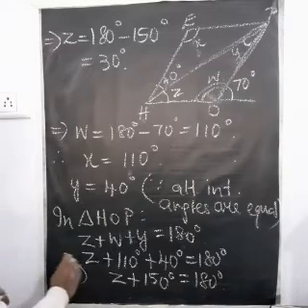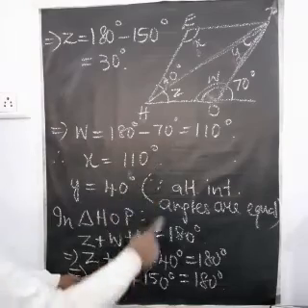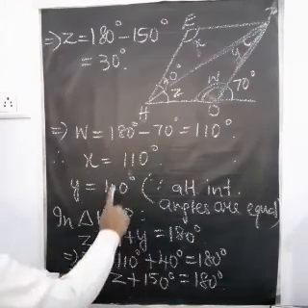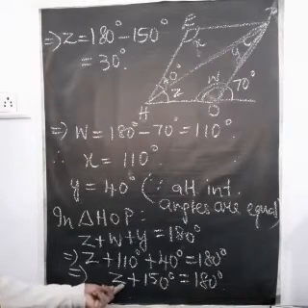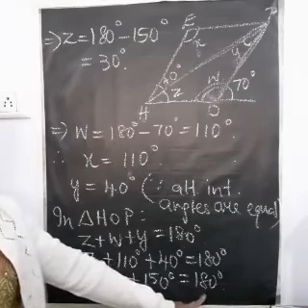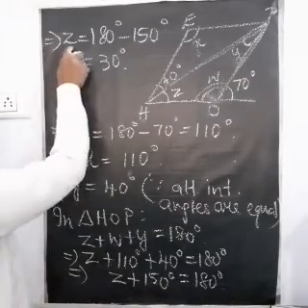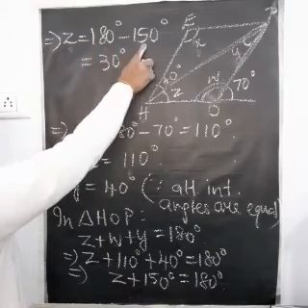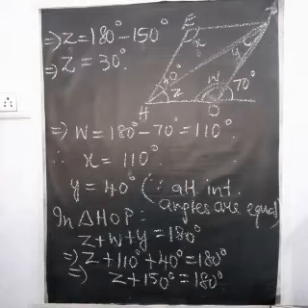Z plus W is 110 plus Y is 40 equal to 180 degrees. So Z plus 110 plus 40, which is 150, equal to 180. Now transpose 150 that side. So you will get Z is equal to 180 minus 150. So Z is equal to 30 degrees.